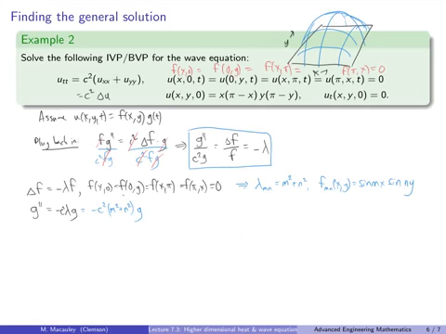And one more thing. We have these zero boundary conditions. And here we actually have a zero initial condition. We don't always have that. It's possible that the initial displacement and the initial velocity are non-zero. But in the event when we have one of these being zero, let's use this. This tells us that f of xy times g prime of 0 equals 0.